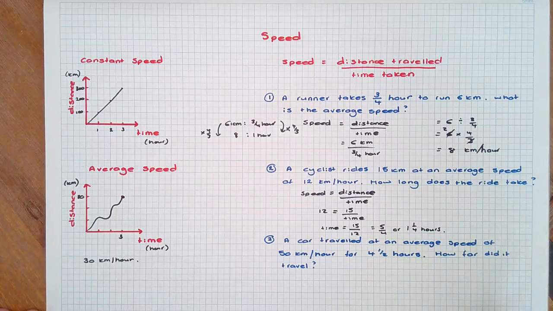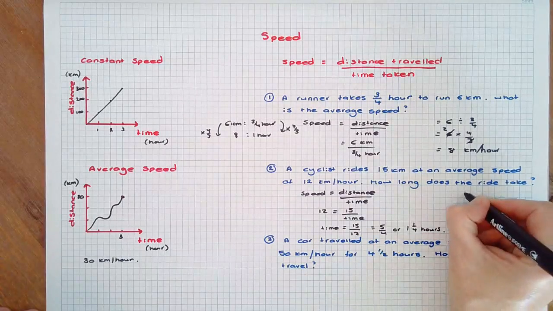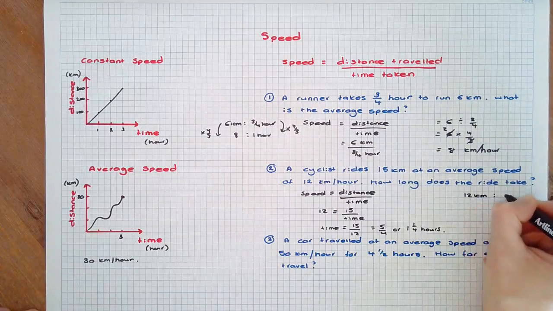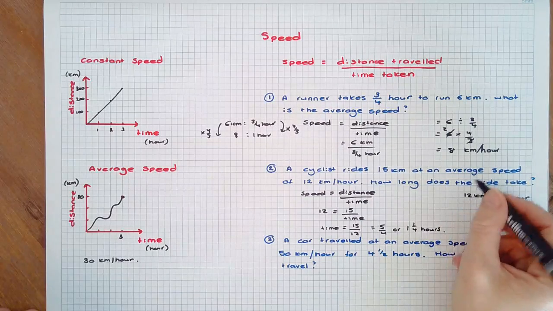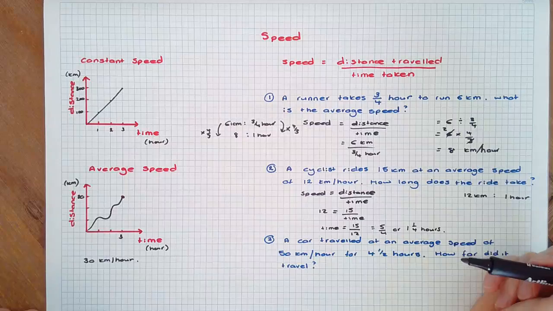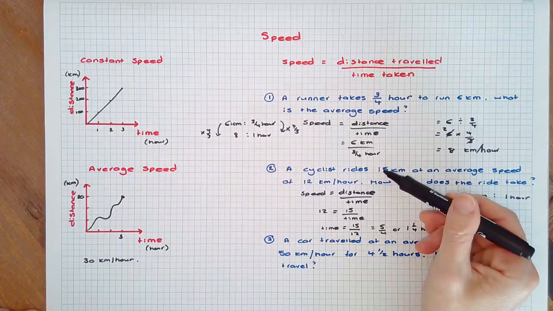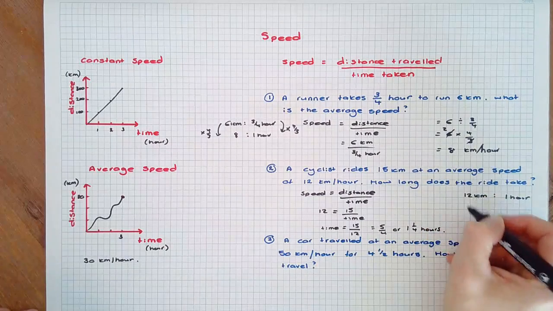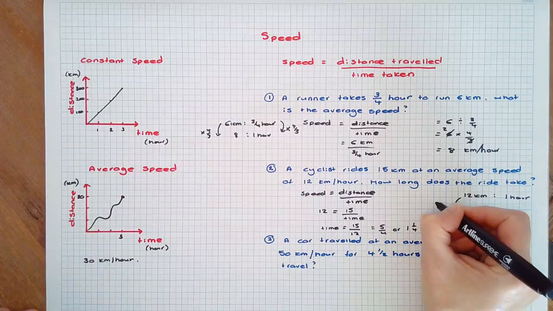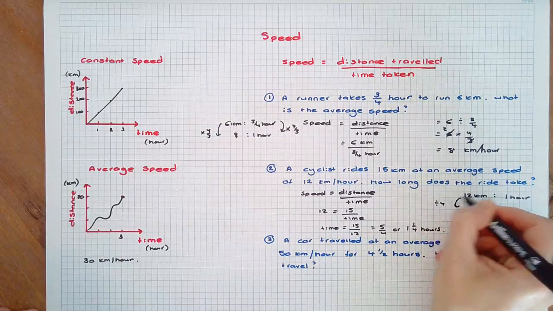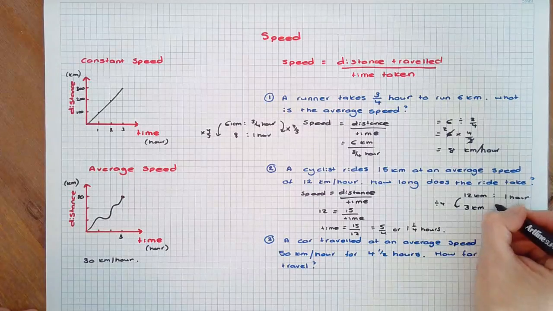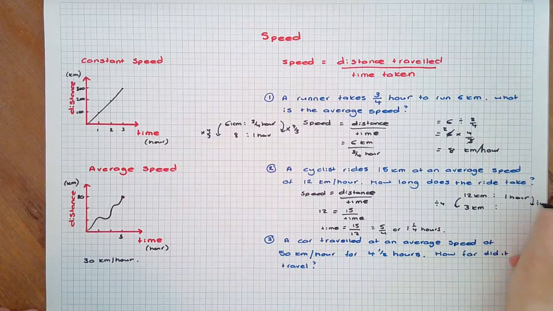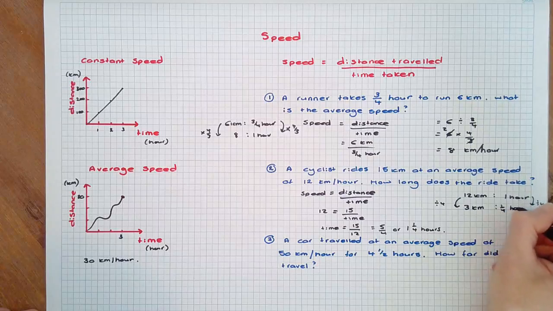Again, we could use the unitary method to solve this problem. 12 kilometres is equivalent to 1 hour. Now let's take it down to 3 kilometres because that's going to then easily multiply by 5 to get the 15 kilometres, rather than taking it to a unitary method. So 12 kilometres divided by 4 will find the rate for 3 kilometres. 1 hour divided by 4 is 1/4 of an hour.